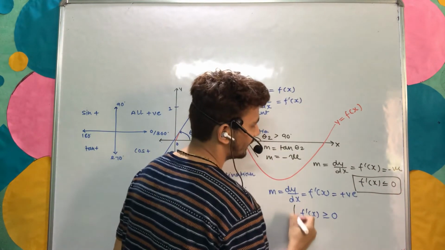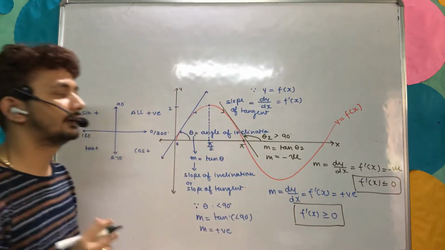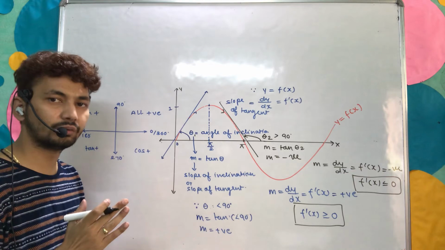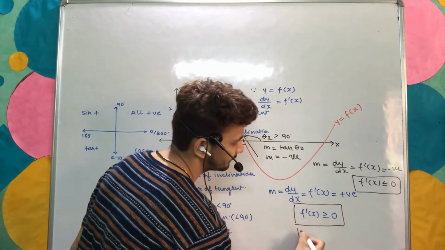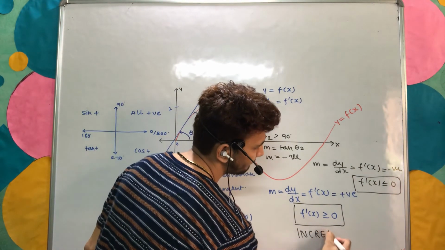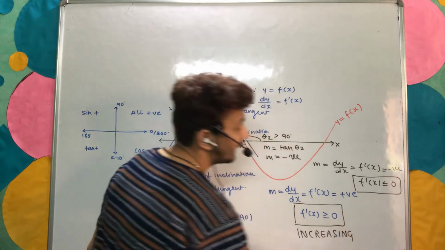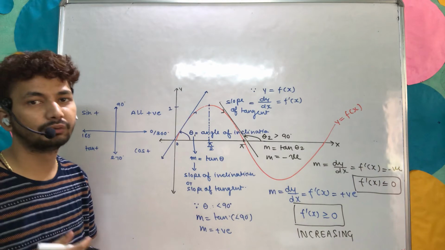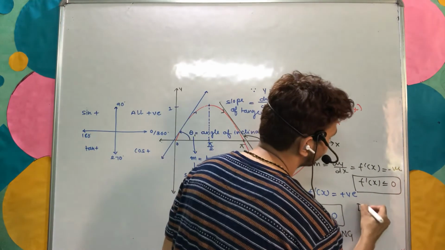So simply we have two conclusions: if the derivative of the function is greater than or equal to 0, then the function is increasing, and if the derivative of a function is less than or equal to 0, then the function is decreasing.